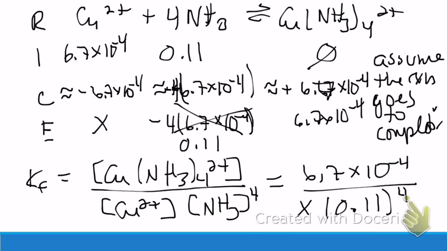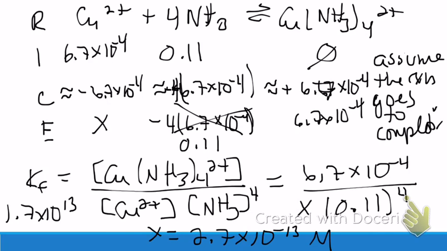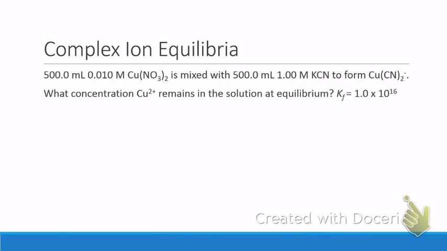And again, Kf is 1.7 times 10 to the 13. So a huge value for Kf, and we would expect X to be pretty small. And indeed, when we solve our equation for X, we get that X equals 2.7 times 10 to the negative 13 molar. That is a very tiny amount of copper 2 plus remaining.